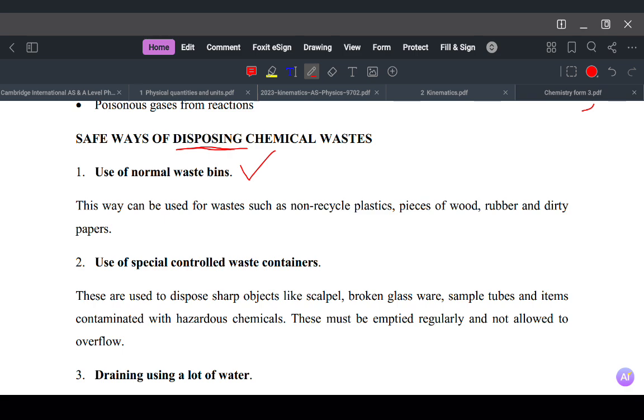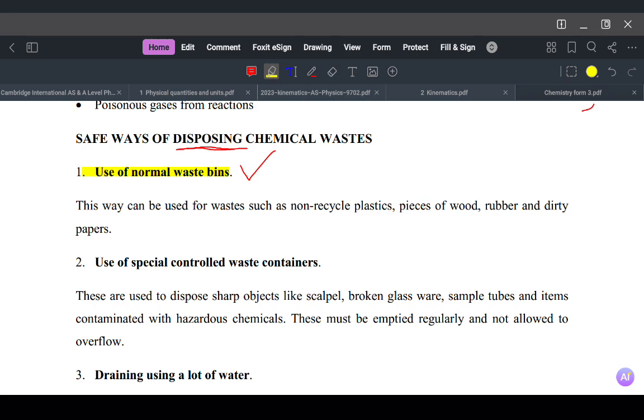One of them is the use of normal waste bins. All right, so ensure that you have a bin in your lab. Sometimes they're put at the corner of your lab, at the entrance, so that each time a waste is generated, it can be thrown into such bins.